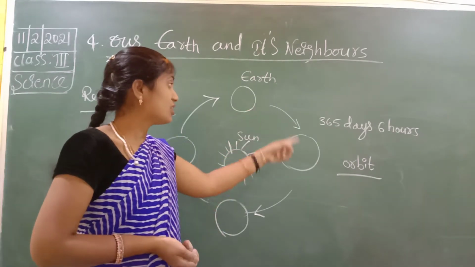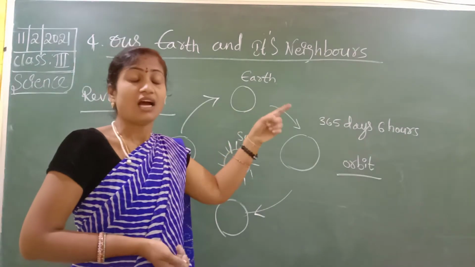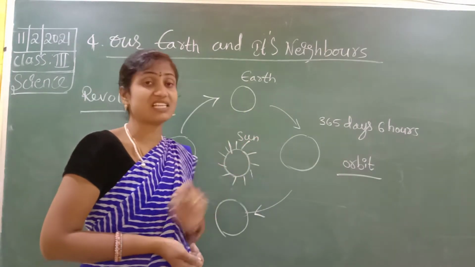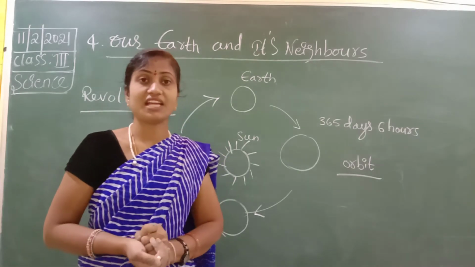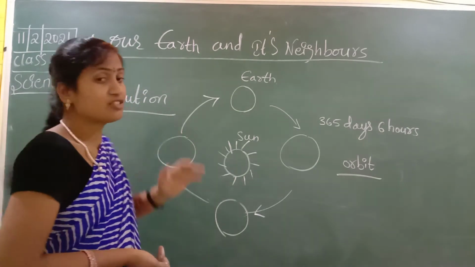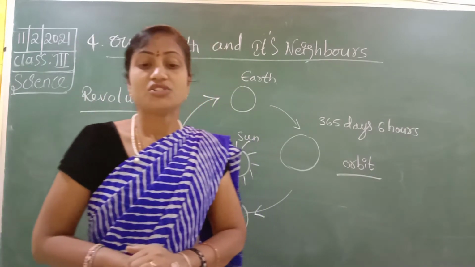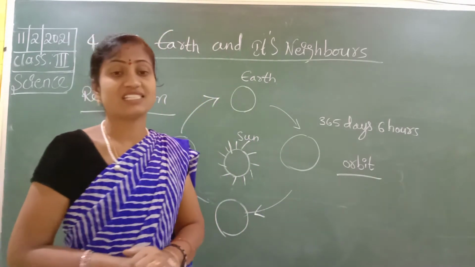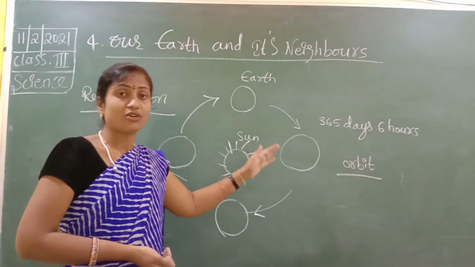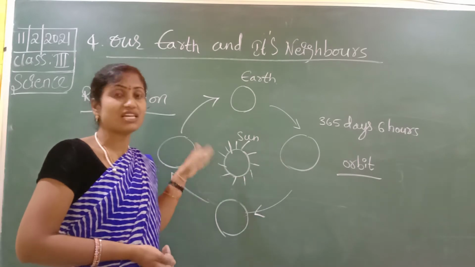So the Earth goes around the Sun, taking 365 days and 6 hours. So it is called 1 year. Okay, so it is the revolution. Okay children, 365 days and 6 hours is the time the Earth takes to turn around the Sun.